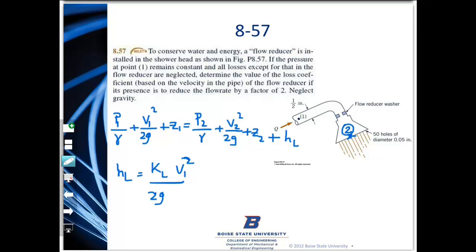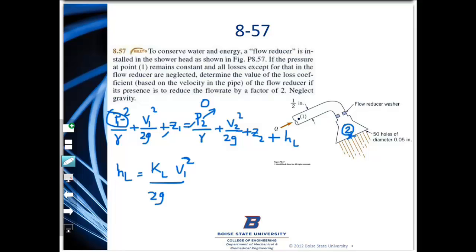Okay, so let's try to identify a few things here. So at this point, we know that P1 is constant, but we really don't know what P1 is. Okay, so we don't know this. However, P2 is 0.